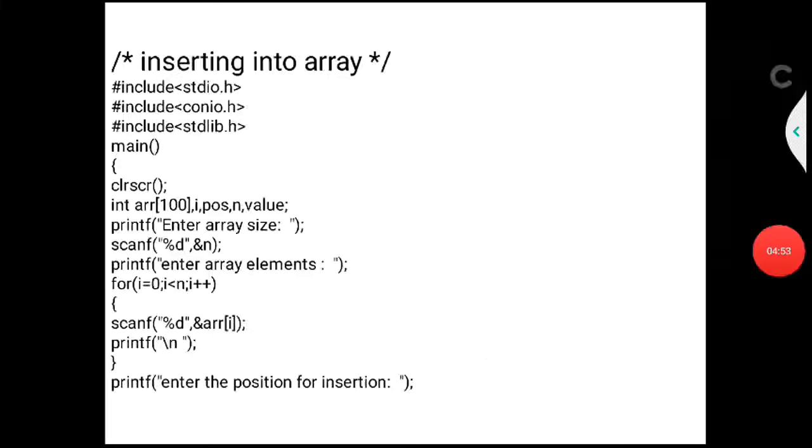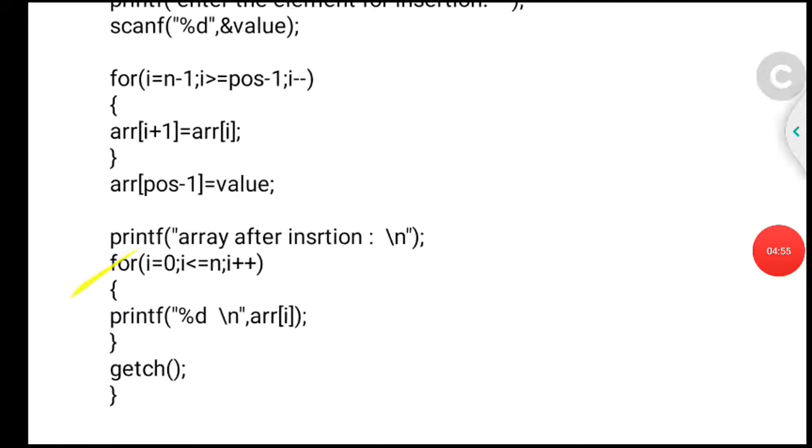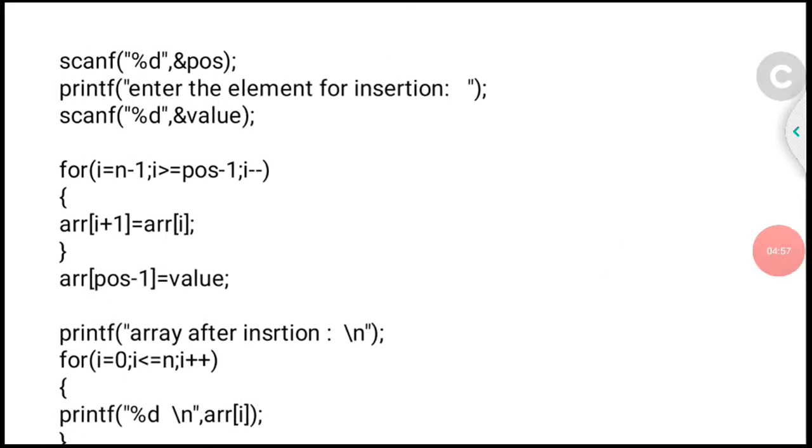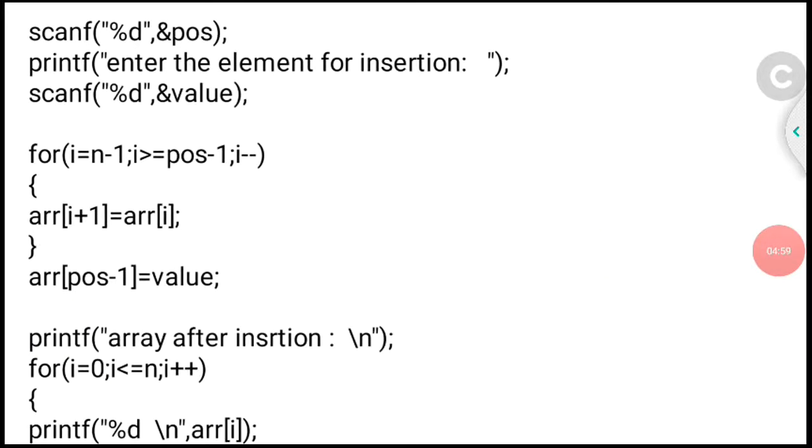Okay, now we will move towards the next part of the program. Here the position given by the user will be stored at the address of the position variable, that is pos. After that, another question is to enter the element for insertion, which value you want to insert. So the value given by the user will be stored in the value variable.